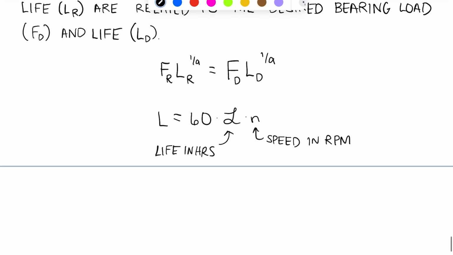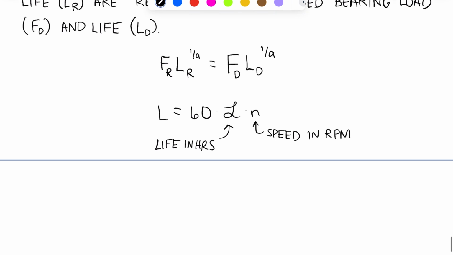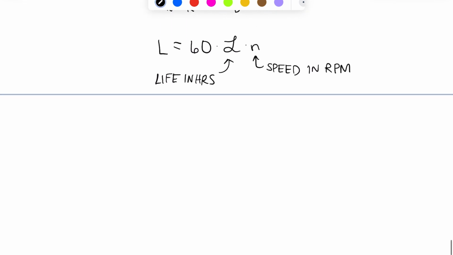So we could combine these two equations and create one sort of master equation that we can use to relate the rated force, rated life, rated speed to the desired parameters.